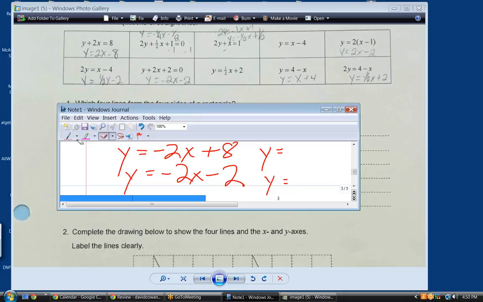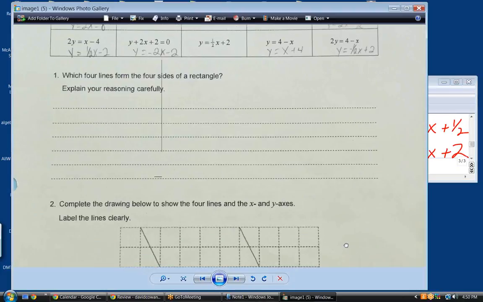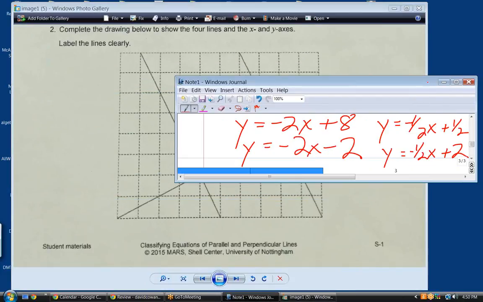So it's that one there, which is minus 1/2 x plus 1/2. And this one over here is minus 1/2 x plus 2. So the question is how do we complete our graph knowing those four equations?